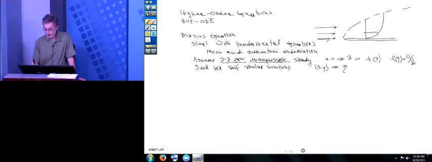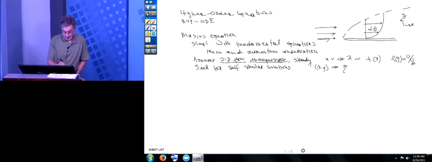So this would be the u velocity profile, u of y. So this is x, and this is y. Okay? So obviously u is actually a function of both x and y.